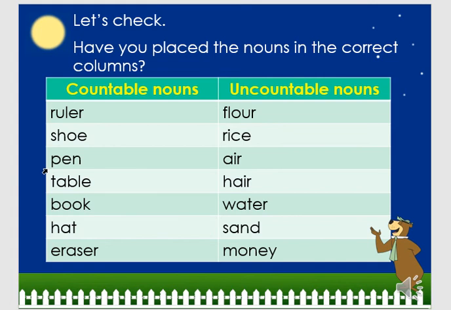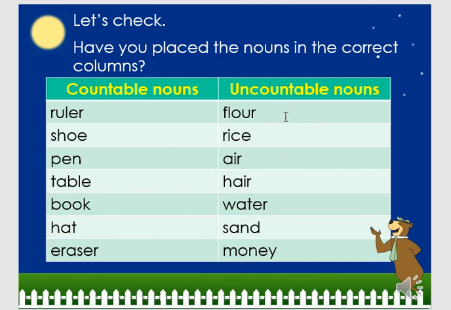So if the noun is a countable noun, we can put a number before it, and if it doesn't sound right, then it probably is an uncountable noun. Let's do the test under the column for uncountable nouns.